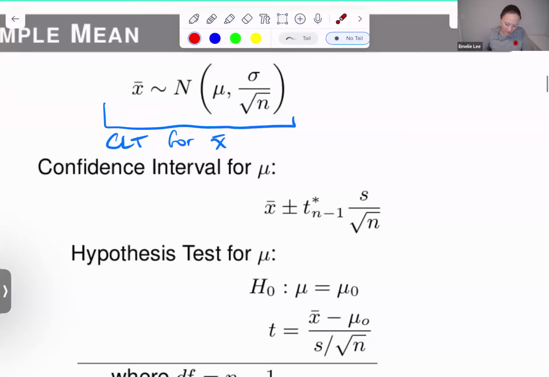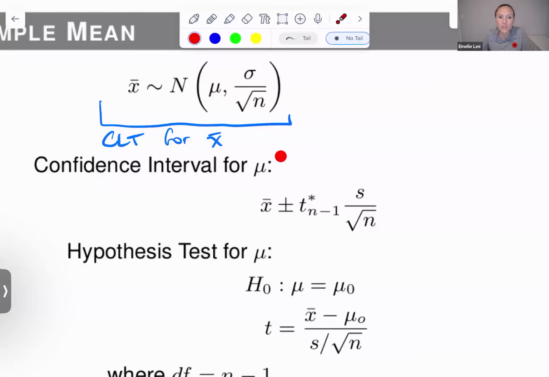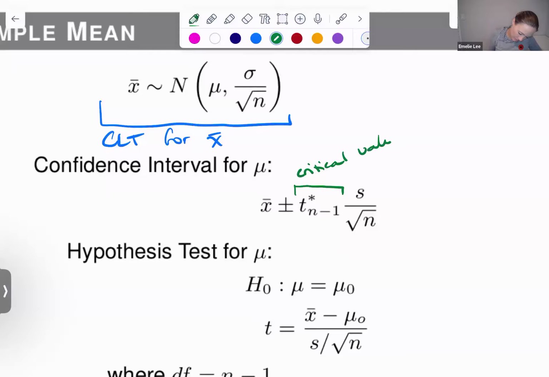If I'm trying to build a confidence interval for mu, I do the same thing that I have been doing. I take a point estimate, my best guess at what mu is, X bar, plus minus, generically, some critical value. This will be our critical value, T star, with a little subscript n minus 1, which we'll get to.